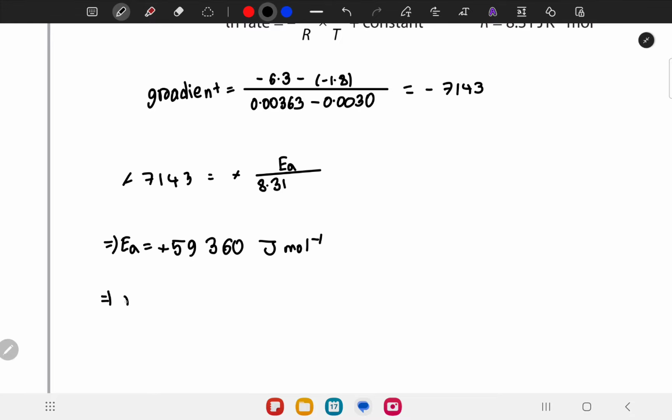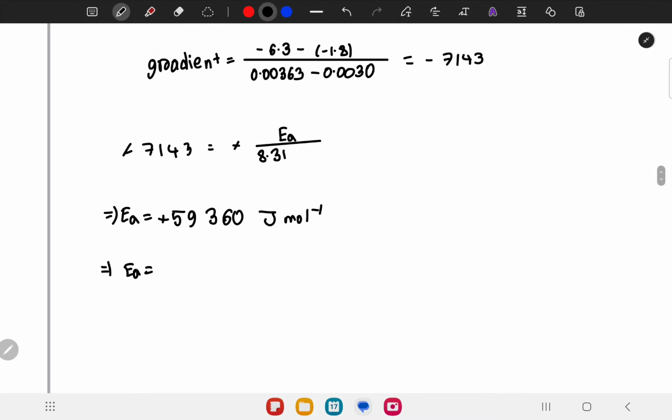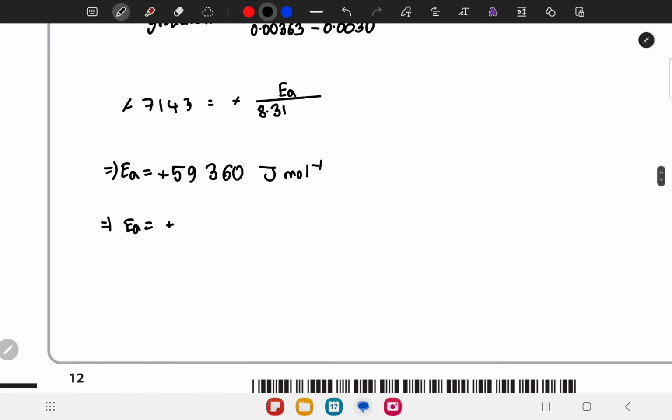This will be positive, so if we convert it into kilojoule per mole, we'll get plus 59.4 kilojoule per mole.